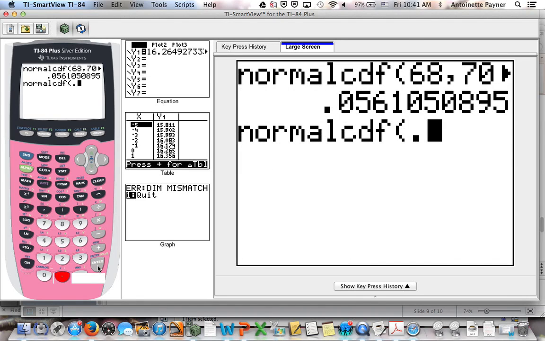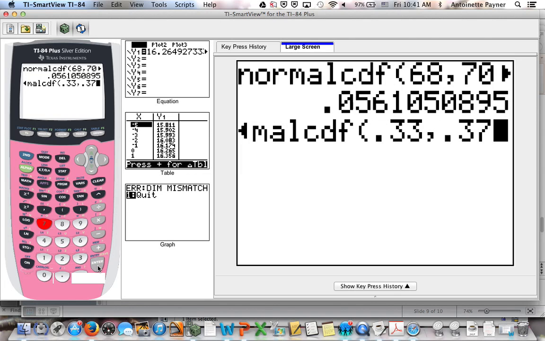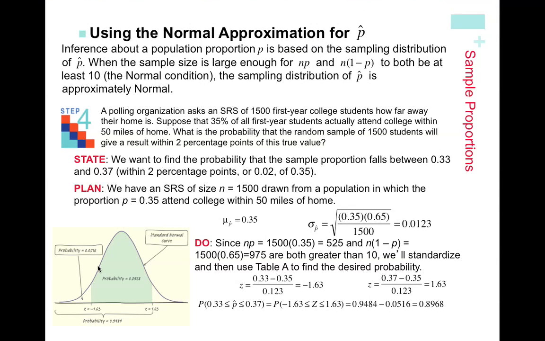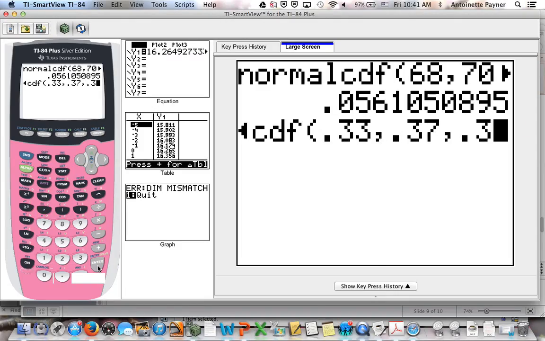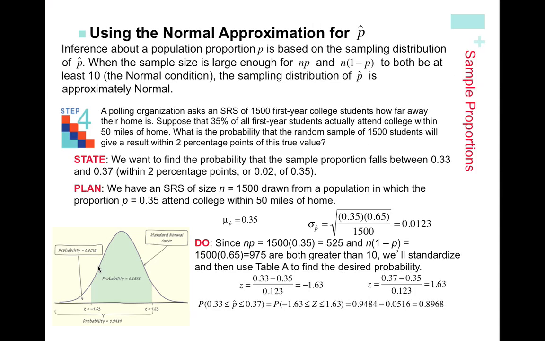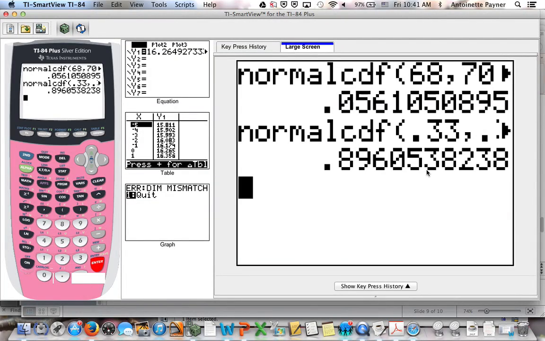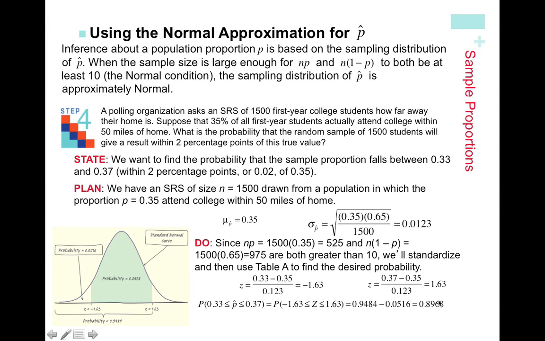So I would have had 0.33, comma 0.37, comma the mean was 0.35, comma the standard deviation 0.0123. And I would have gotten pretty much this. It would have been a little bit more accurate because they used the table, so that would have been my answer.